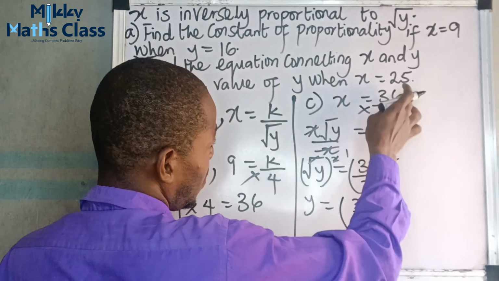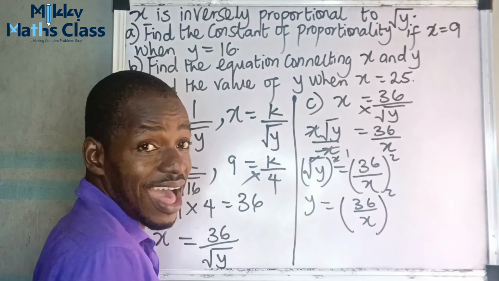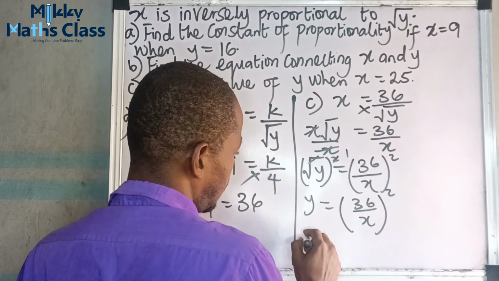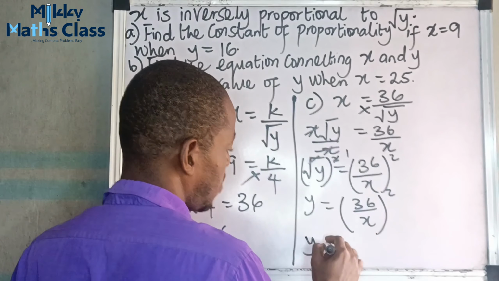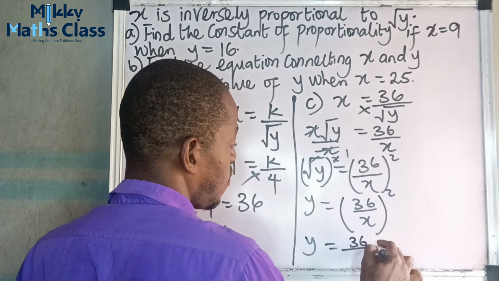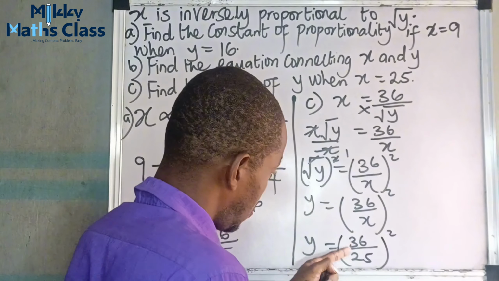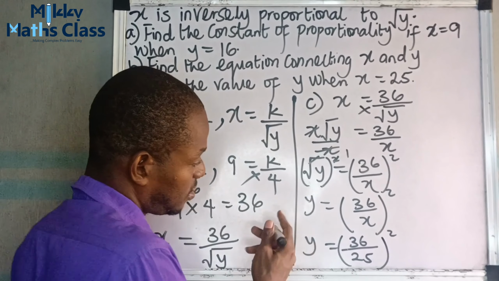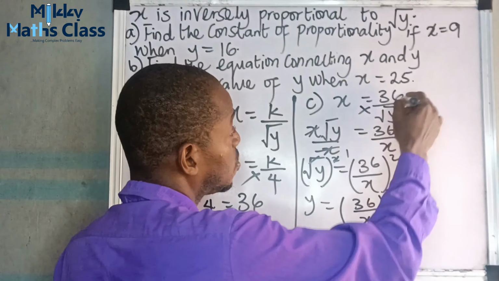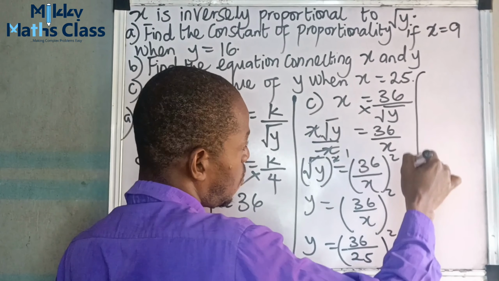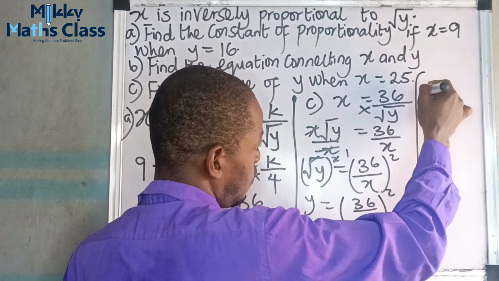Now, they said when x is 25. So when x is 25, wherever you see x, you put 25. This is 36 over 25, all squared. Now for us to do, let's divide this. 36 over 25 will give us 1.44.